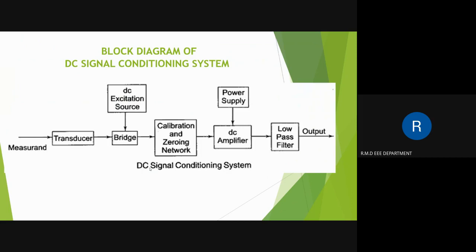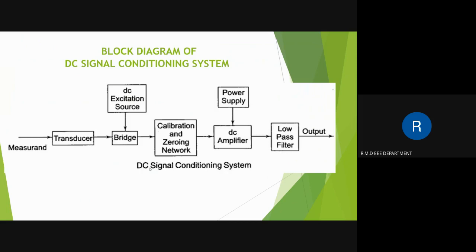DC signal conditioning. Here in this block diagram, say for example, a resistance like a strain gauge constitutes one or more arms of a Wheatstone bridge which is excited by an isolated DC source. The bridge can be balanced by a potentiometer and also can be calibrated by unbalanced conditions.